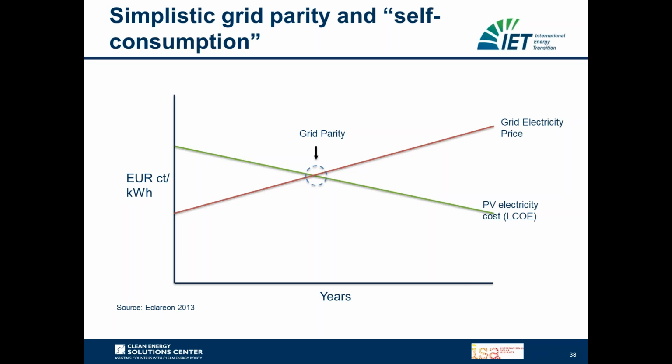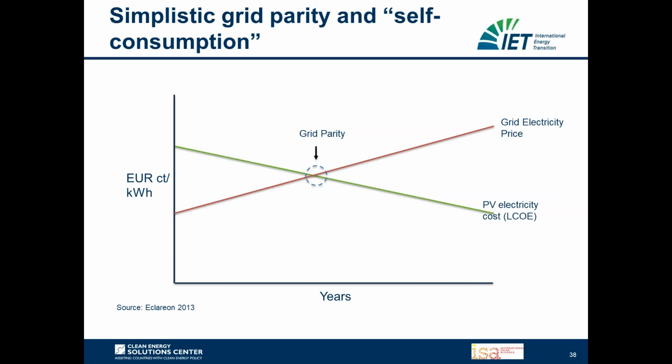However, now a couple of years later in the game, we realize that grid parity is, of course, an important benchmark, but it is not transforming the sector immediately. It takes much longer than expected by many analysts. And one reason is that it does not really make sense to just look at the point when we reach grid parity.